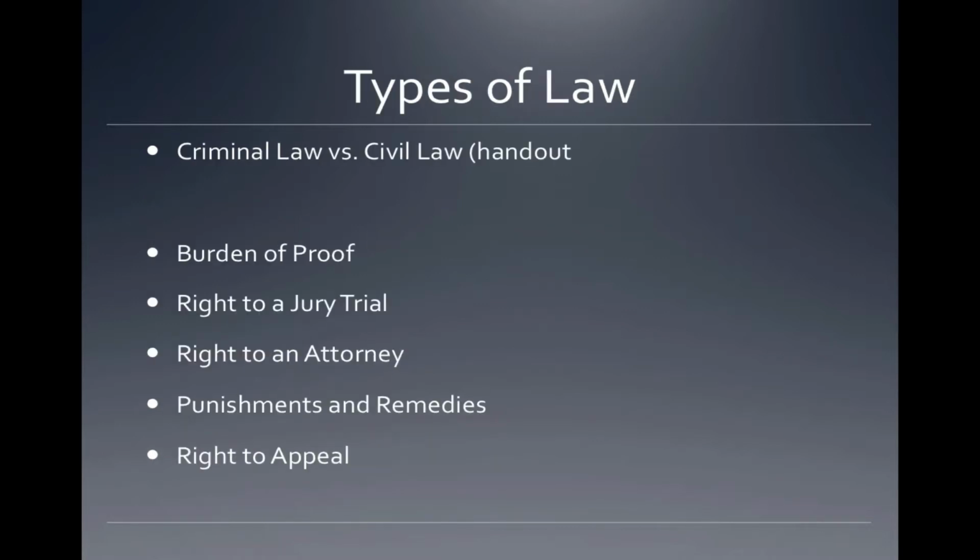Okay, types of law. The main distinction you see is criminal law and civil law. And I have some handouts that will be posted in resources that you can take a look at, look at these distinctions, work through it, and make some notes. The main differences are, first, who the parties are.